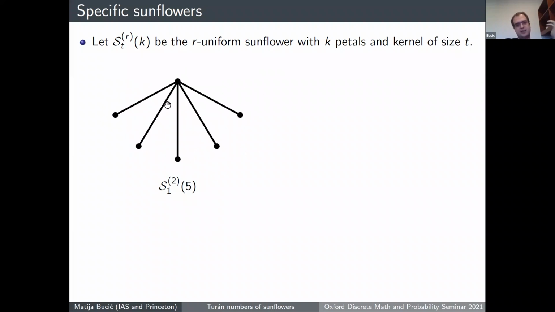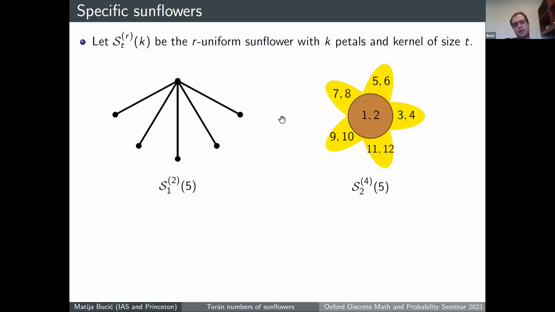With this idea, this S_{2,1,5} can be thought of as a 2-uniform hypergraph, meaning all sets have size 2, which just corresponds to a usual graph. And in particular, it is a star, a star with 5 edges. This is the reason why sometimes these sunflowers are also called generalized stars, since they give a very natural way of extending the definition of a star from usual graphs to higher uniformity hypergraphs.